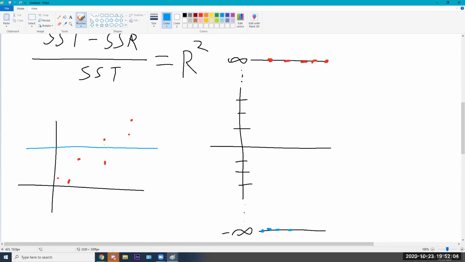Since its slope is 0, there's no correlation between this line and the input variable, right? So you're not taking it into account. You're only trying to predict it based on the output.